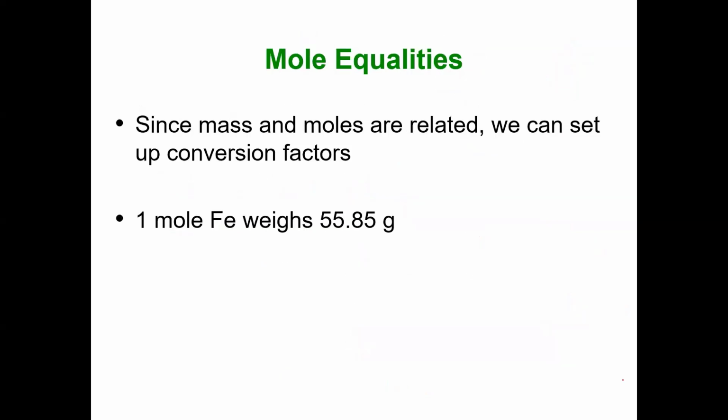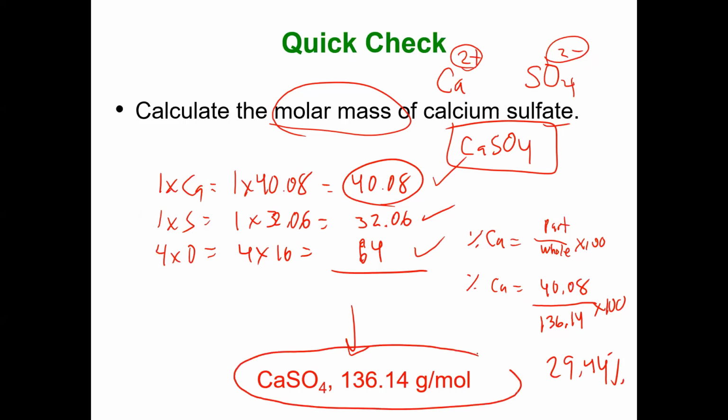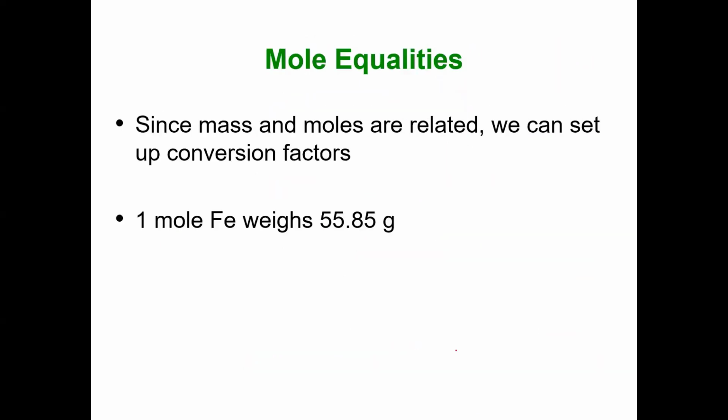So now we can use these molar masses that we just calculated in this previous problem. So how did I get the molar mass? Figured out the formula, tallied up the individual masses of each element represented by their subscripts, added it all up, and I see that 1 mole of calcium sulfate is 136.14 grams.